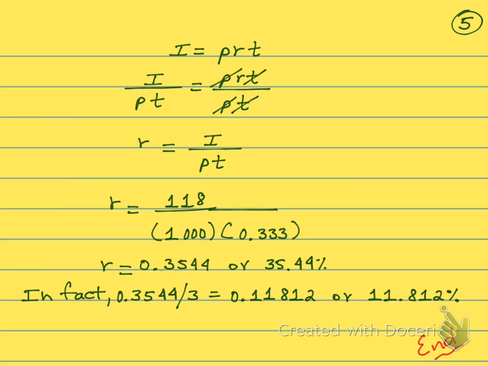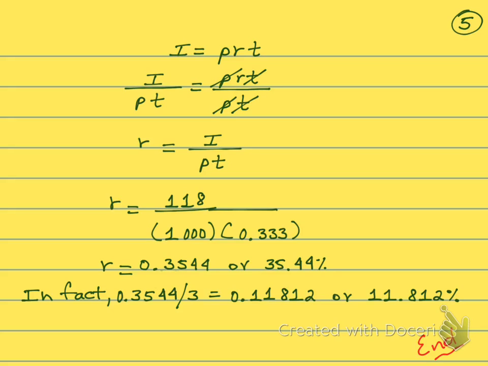So if we use the formula, that would be I is equal to P times R times T. So we solve for R. We divide both sides by PT, so that we solve for R. So we eliminate P and T from the right side, and we get R is equal to I over P times T. So we substitute the numbers.